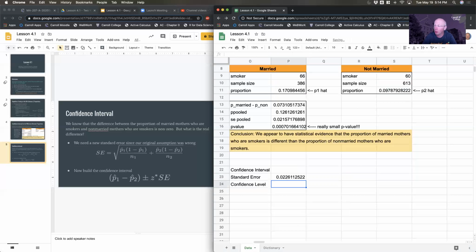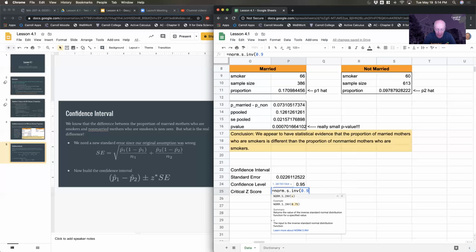Now, if we're going to do a confidence interval, we need to have a confidence level. And let's just say that I'm 95% confident here, which means I've got 2.5% on either tail. And so my critical z-score is NORM.S.INV of 0.975.